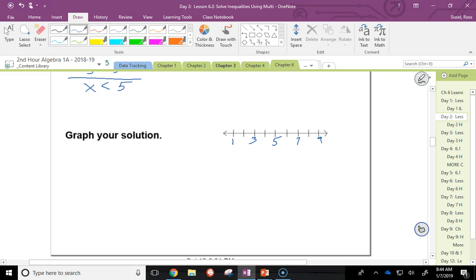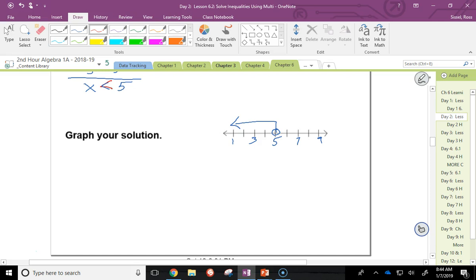And do we use an open or closed dot? Open dot, because it's only less than. So I'm at 5, and it is less than, so it's to the left. Remember that kind of hint. When I put my variable to the left, my less than sign is pointed to the left. It helps me think of where I'm going to put it on my number line.